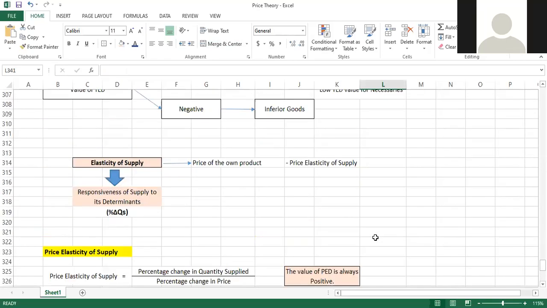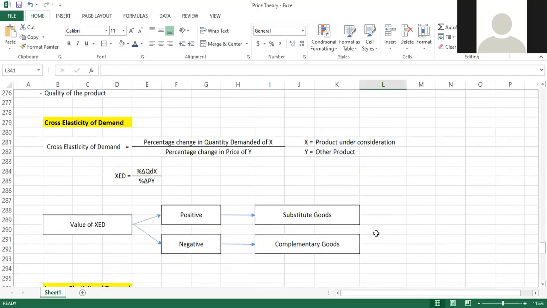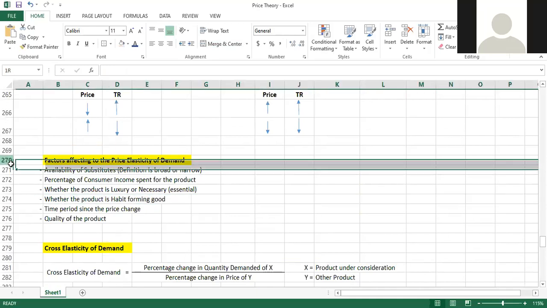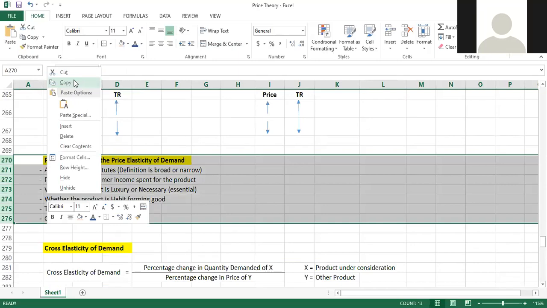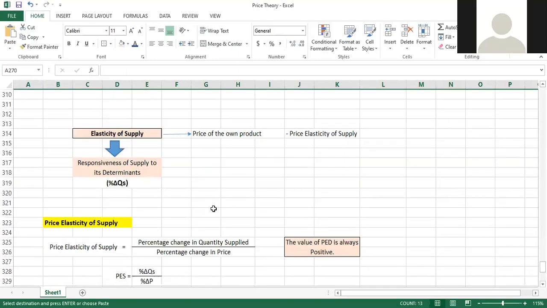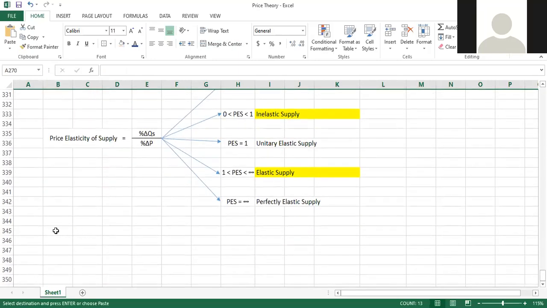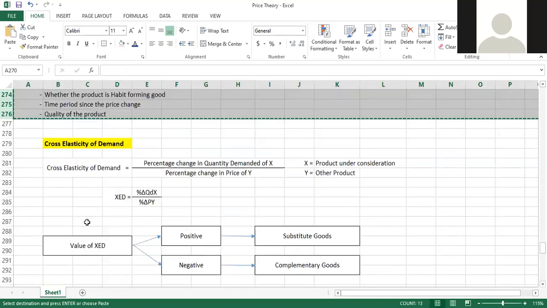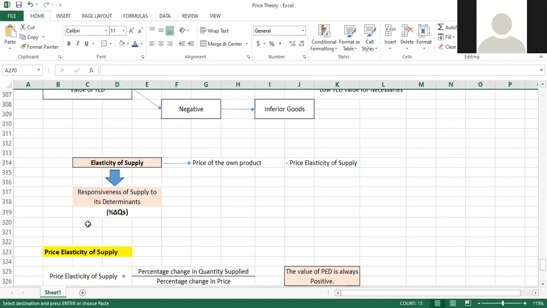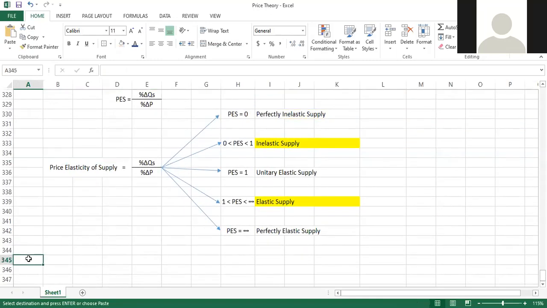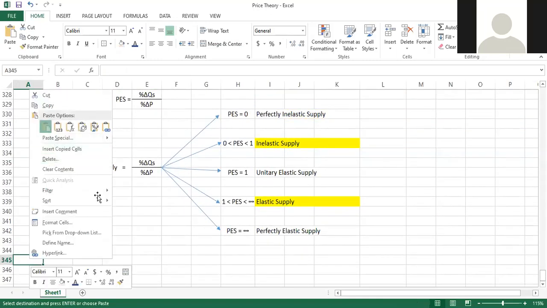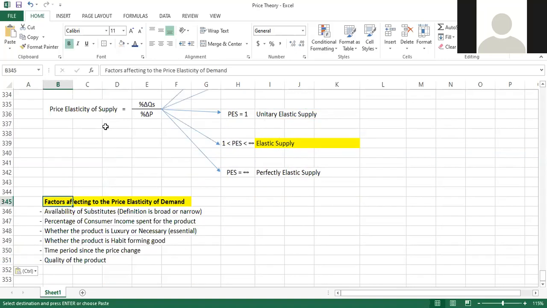Then one more point which will be important. What are the factors affecting the price elasticity of supply, right? Unlike demand, usually when we consider the elasticity of supply, when the price increases, any supplier is willing to supply more, because when the price increases, while other factors are the same, the profit margin will increase.